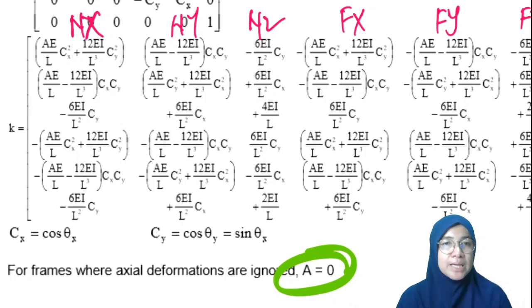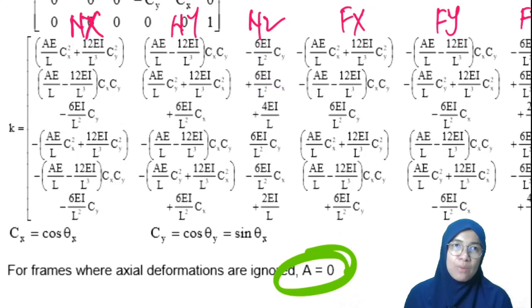So basically, when we want to analyze a frame, when axial deformation is ignored, or when we need to consider only the bending effect, or only the primary mode of deformation, it means that A is equal to 0.